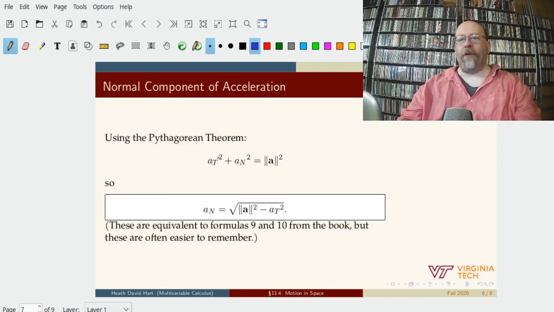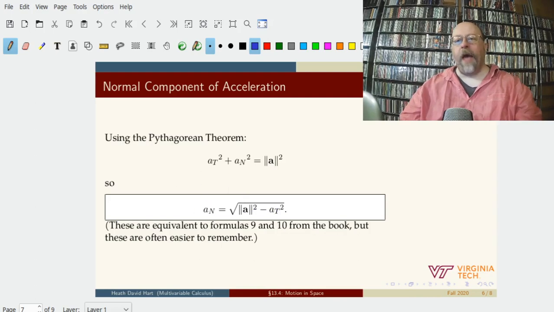Once we have the Pythagorean theorem, the tangential component squared plus the normal component squared is equal to the magnitude of the acceleration squared. And so the normal component of acceleration is the square root of the magnitude of the acceleration squared minus the tangential component of the acceleration squared. We're just using the Pythagorean theorem to find a sub N.